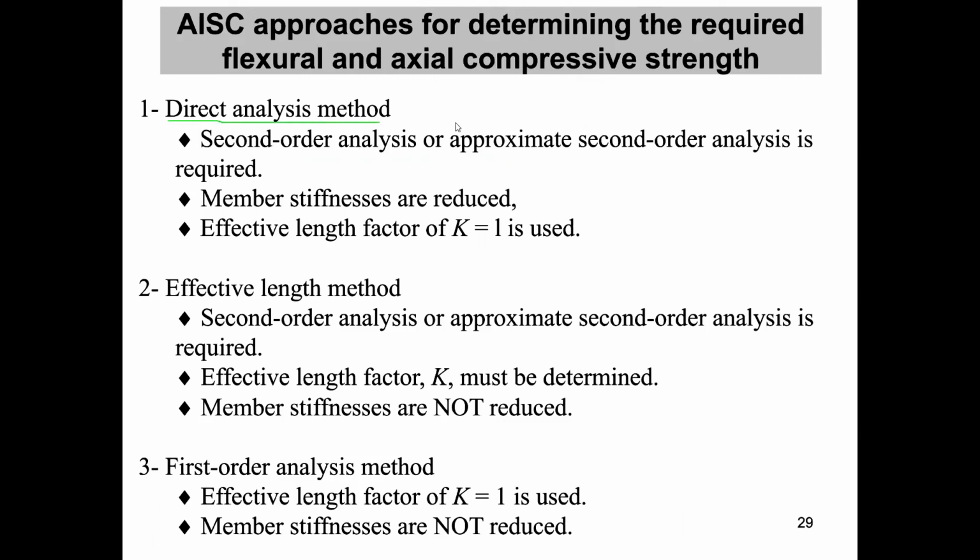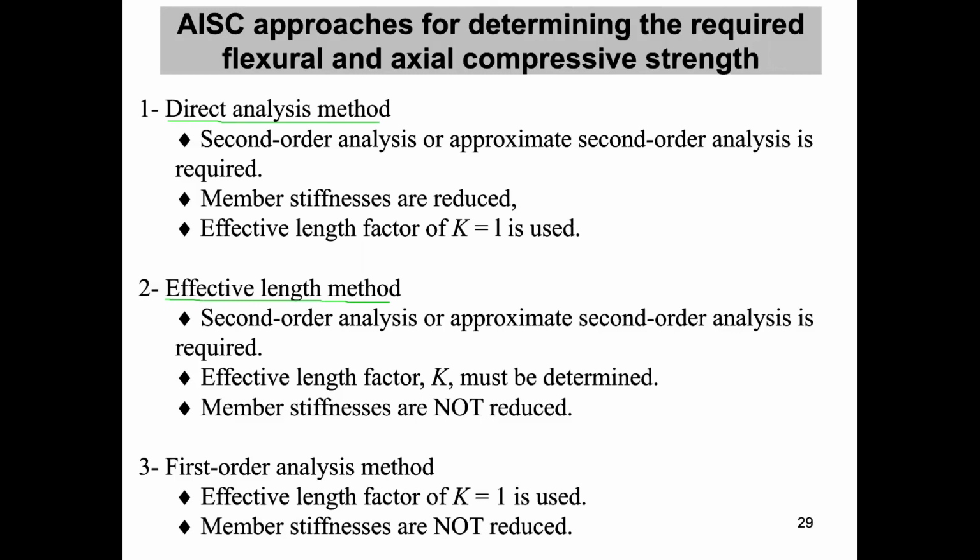1. The direct analysis method. In this method, the second-order analysis or approximate second-order analysis is required. The member stiffnesses are reduced, and the effective length factor of K equals 1 is used. 2. The effective length method.